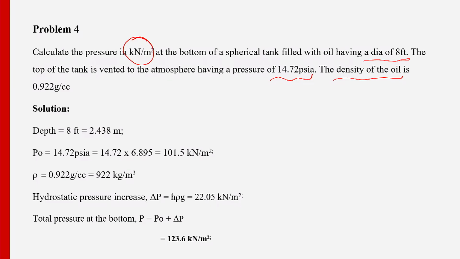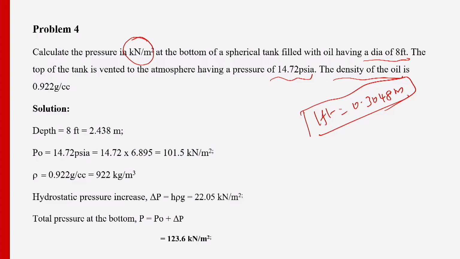Here the depth is 8 feet. We cannot use feet; we always have to convert to SI units. So, 1 foot equals 0.3048 meter. You should know how to convert other units, and try to convert to SI units throughout the problem. That makes the problems very easy to solve.